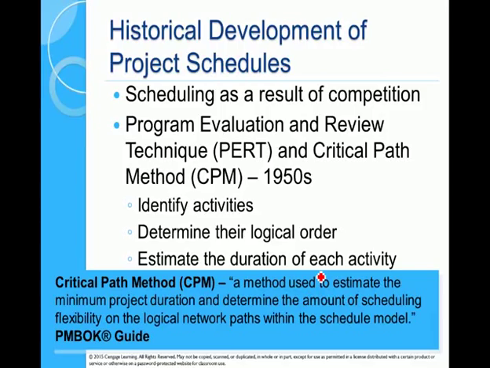So historically, a couple of methods. The program evaluation review technique, PERT, and the critical path method were around for a while, but really they took off when people started building rockets to go to the moon or get out into space. What they were trying to do is crunch the schedule, do it as fast as possible. So they're looking for how many things could they possibly do at the same time, because that's the fastest way of completing the project.